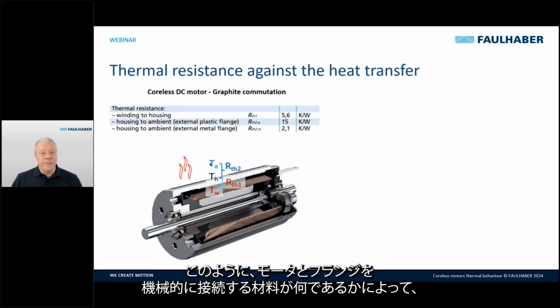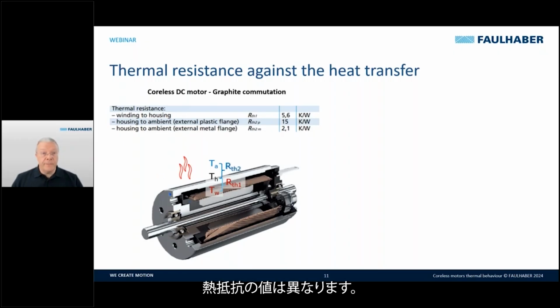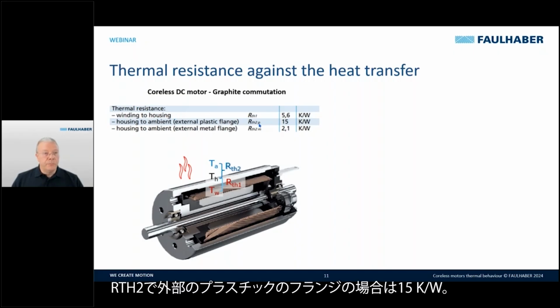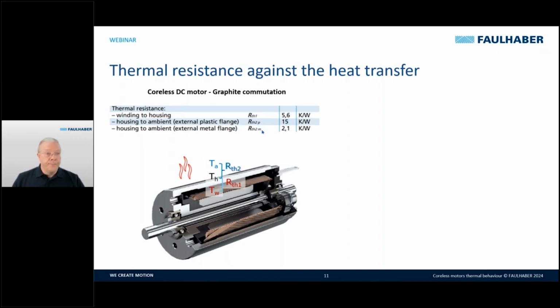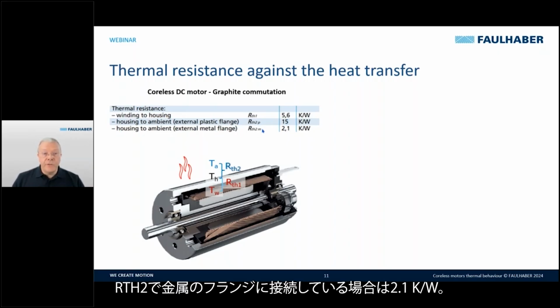So depending on the material where we connect the motor mechanically, the flange, we have a different value of thermal resistance. The RTH2 with an external plastic flange, you see, is 15 Kelvin per watt, and the RTH2 related to the metal flange is 2.1.